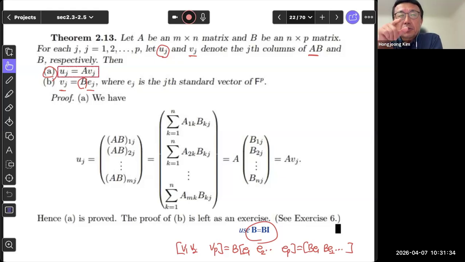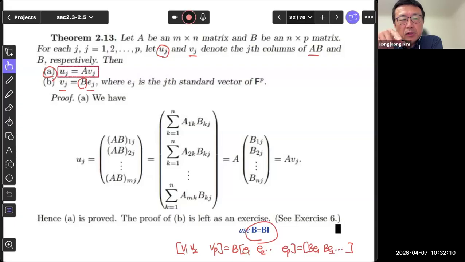And then this product will represent the composite of those two matrices. And we have a little bit more than that. This matrix multiplication can be understood as representing a linear transformation from one vector space to another, where A represents a certain matrix when some bases are given.